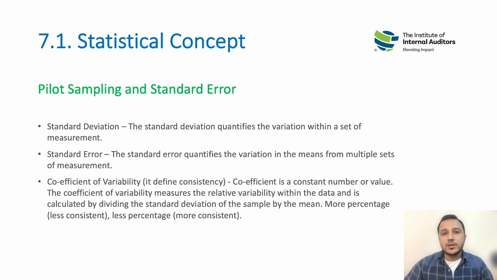Then standard error. Standard error quantifies the variation in the means from multiple data sets of measurement. So we do not take one pilot sample, but rather we take pilot samples from different data sets within the population. It is the same as when you go to the doctor and they take a blood sample.